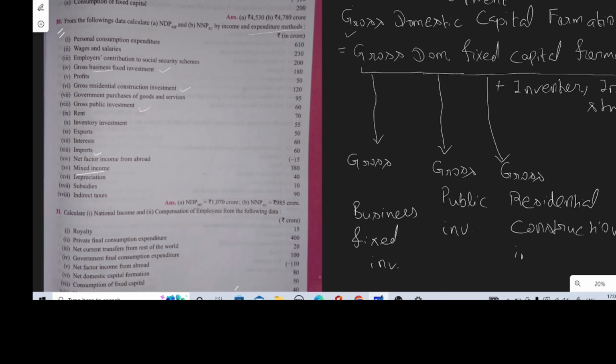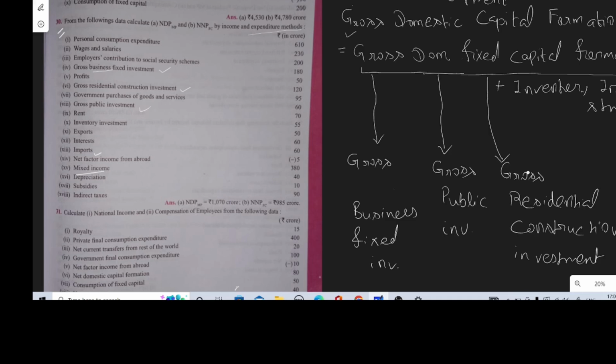Although we had discussed about this in the class, but here as a revision we are doing to solve question number 30. So if we are given these three things, so when we add them together, then we get gross domestic fixed capital formation. We don't get gross domestic capital formation. We get gross domestic fixed capital formation because these are the components of fixed capital. Only when we add inventory investment to it, then we get gross domestic capital formation.